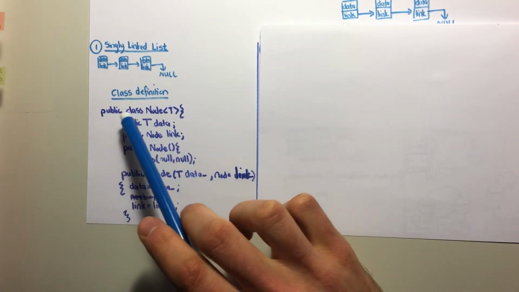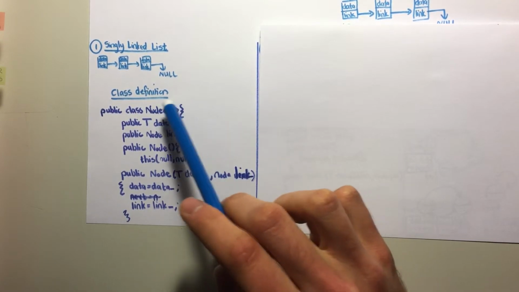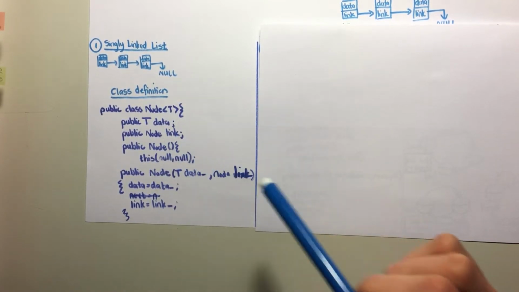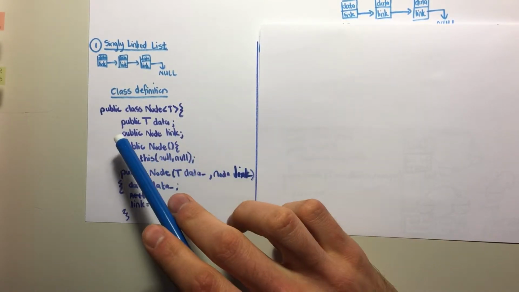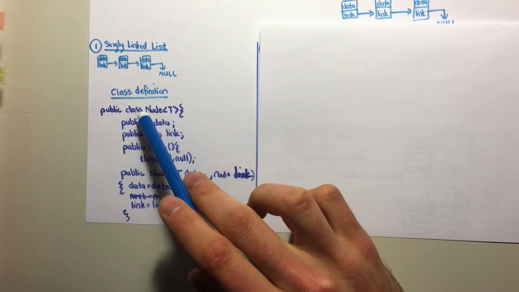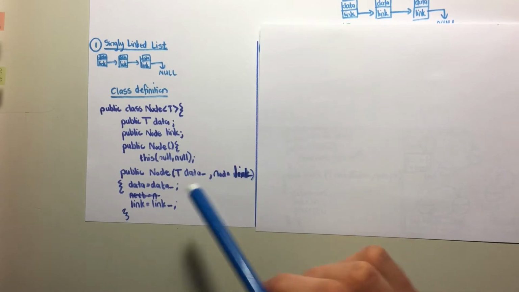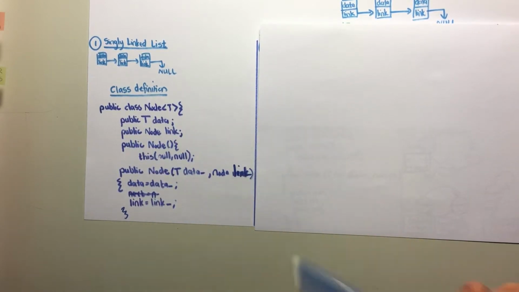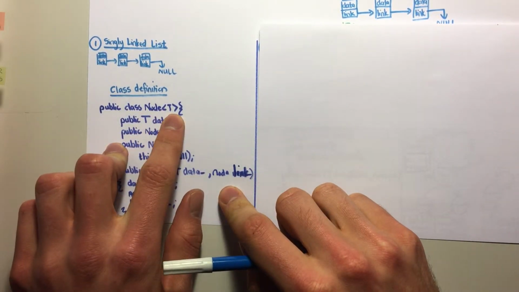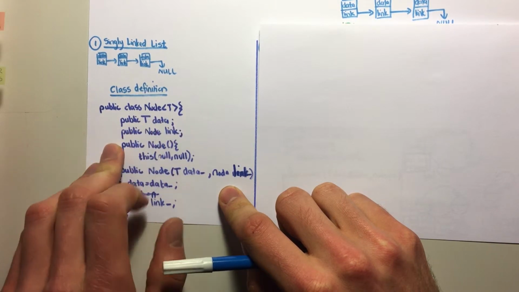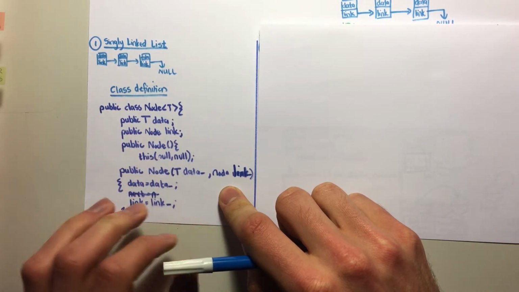So public class Node<T>, type T because it can be any type. So we can have a public T data, so we can have a string, we can have an integer, we can have any data type we want here. Public Node<T> link. So please note that this is Node<T>, so it's of type node, and this is also Node<T> link.